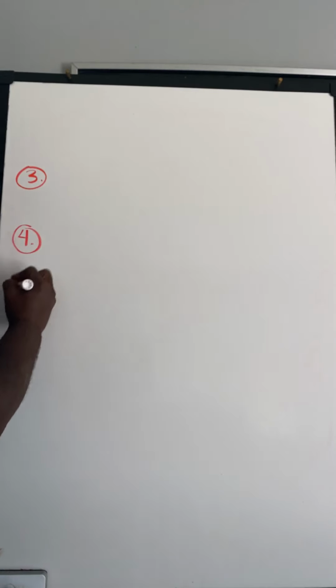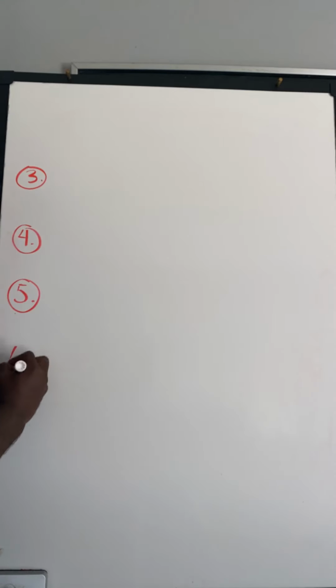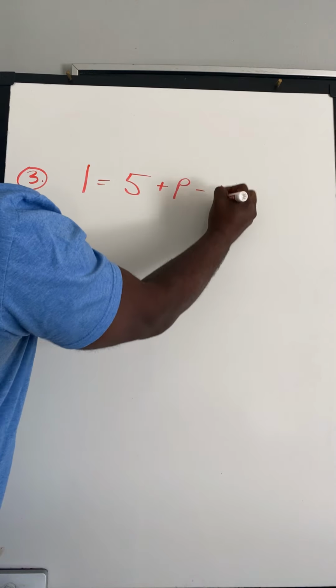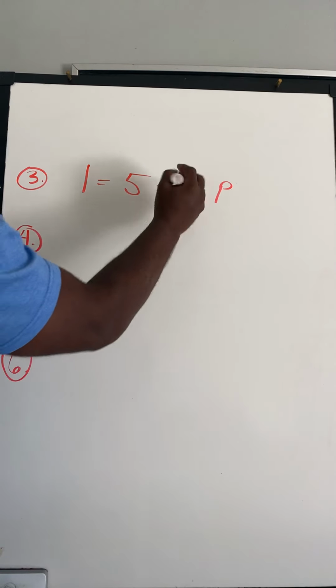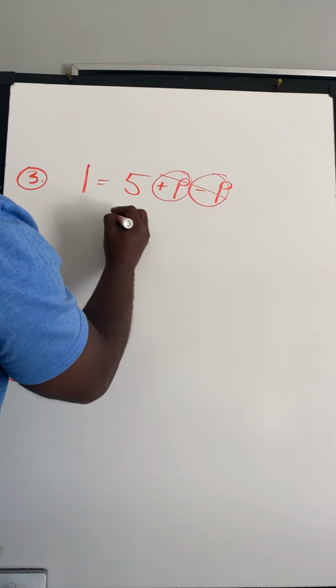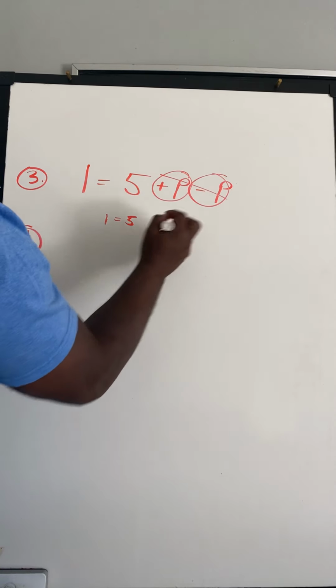Okay. And number 4, number 5, and number 6. So, number 3, 1 equals 5 plus p minus p. Teammates. They equal 0 pairs. You're left with 1 equals 5.